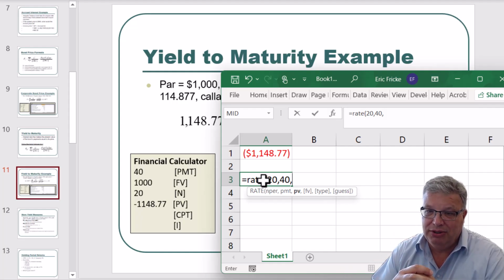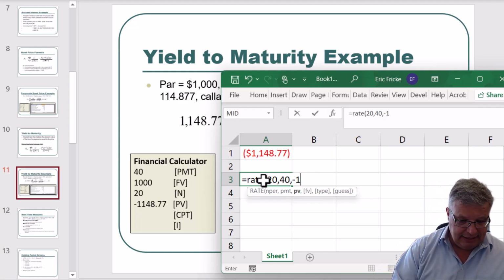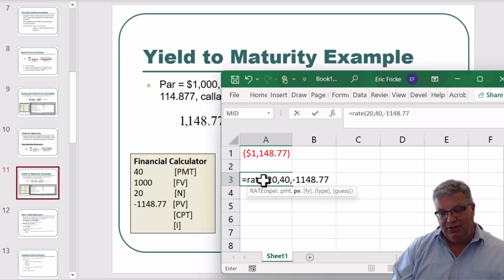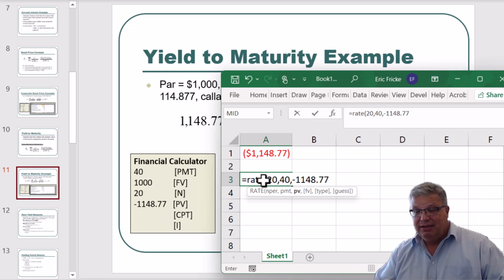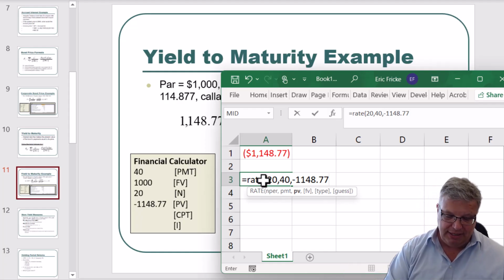Because we're telling it that the present value right now today is minus 1148, and I'm using that negative because it knows that way we're paying money out. And then I'm also telling it that the future payment, the money we're getting back, is positive, because it's going to be balancing these cash flows. If we put in positive for everything, we're going to get an error. I'll show you that in a minute.